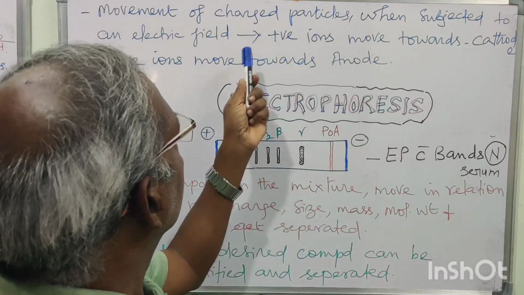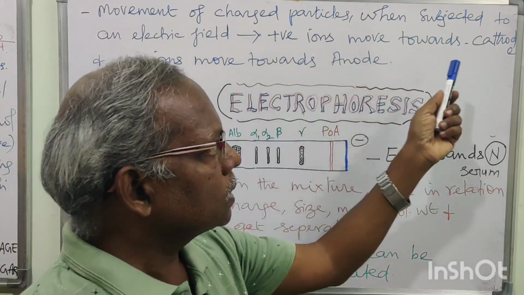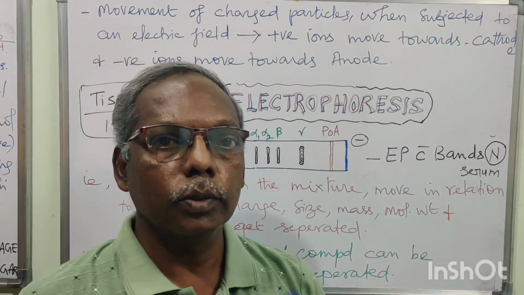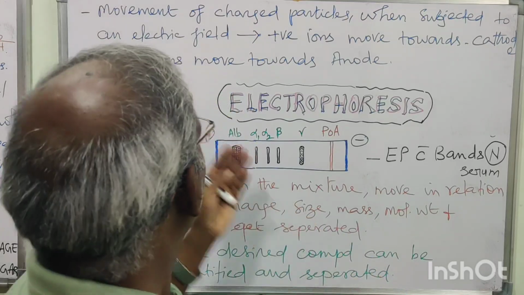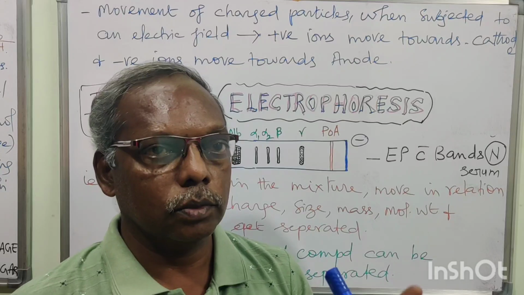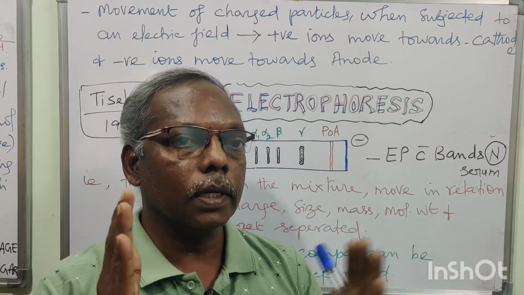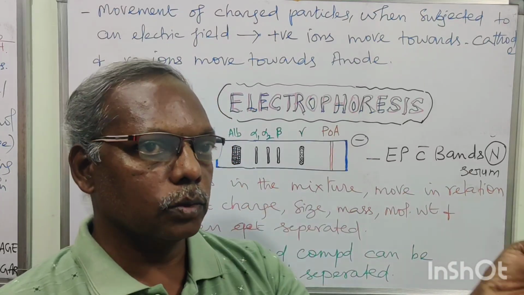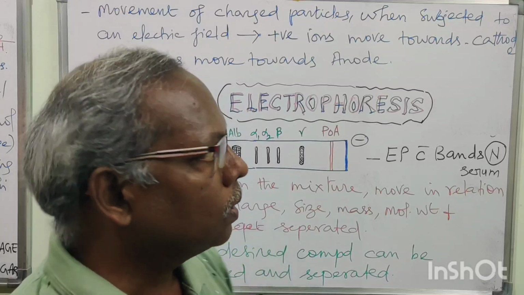Positive ions move towards the cathode, you know the mechanism, whereas negative ions always move towards the anode. So we have two electrodes, a cathode and an anode. Positive ions go to this side and negative ions go to this side.